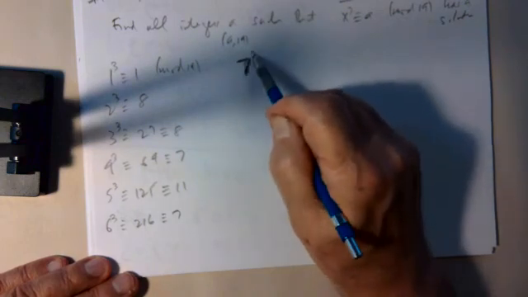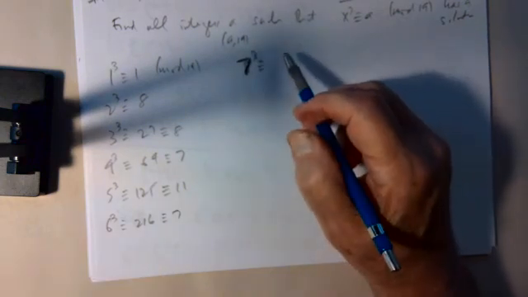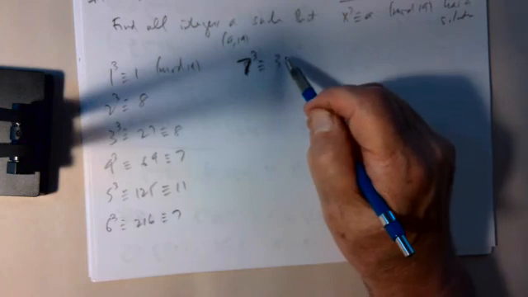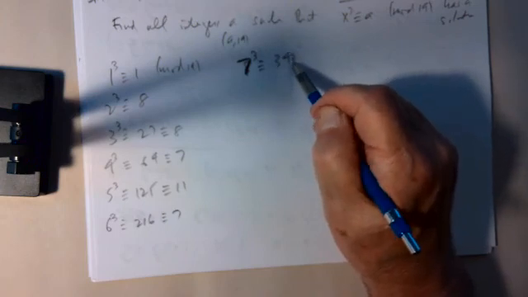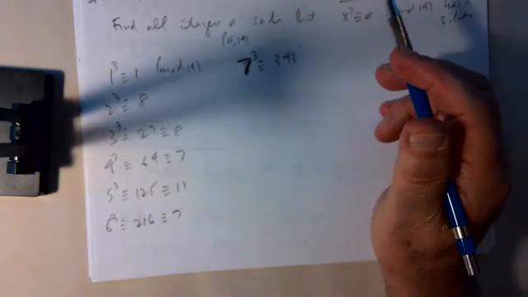What about 7 cubed? 7 cubed is 343, and if you divide 19 into 343, that one is 1 mod 19.